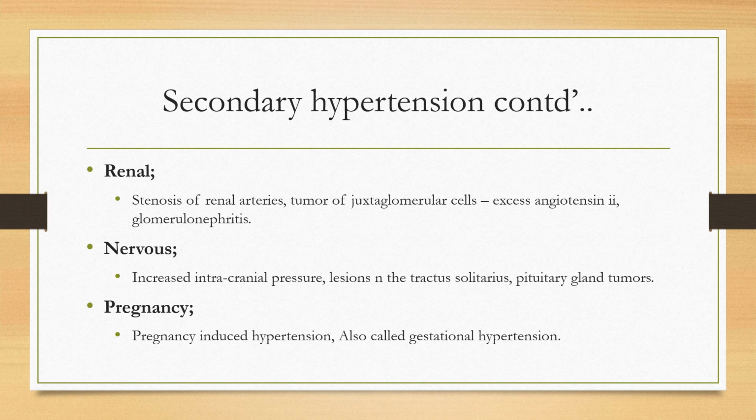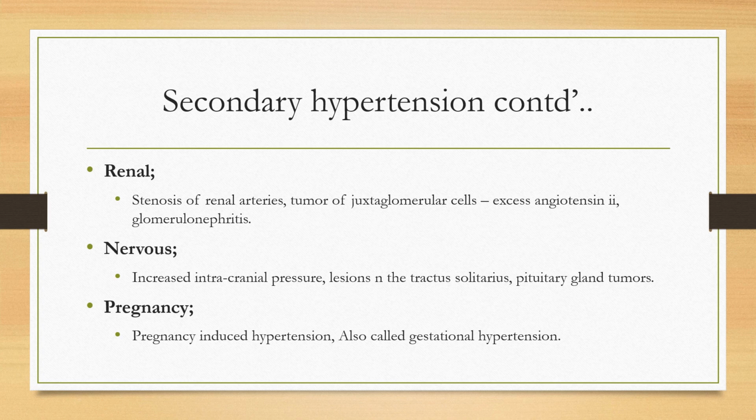A tumor in the juxtaglomerular cells definitely leads to increased secretion of the enzyme renin, which converts angiotensinogen to angiotensin 1. Then with ACE, we can have angiotensin 2, which is a potent blood vessel constrictor.